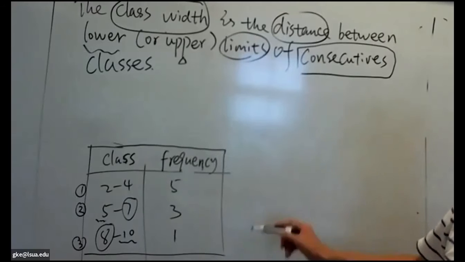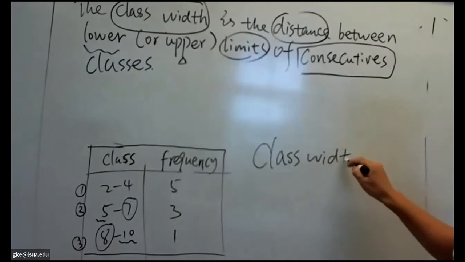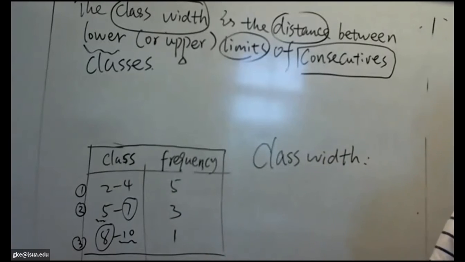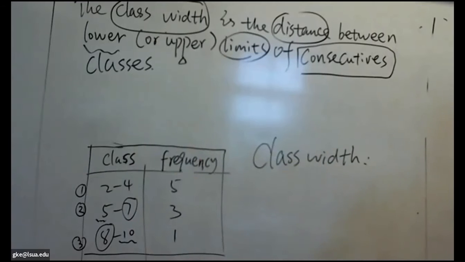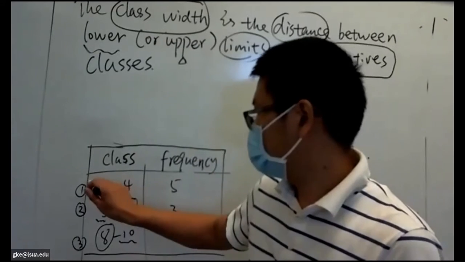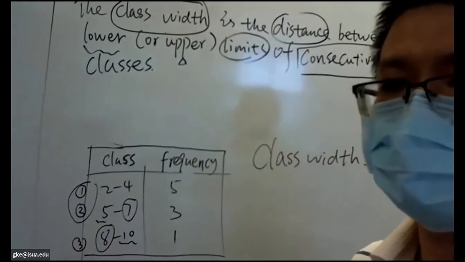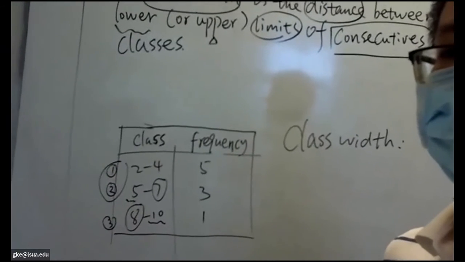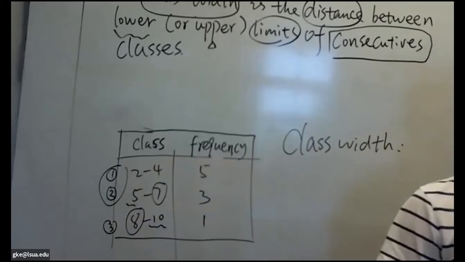Based on the definition, we know we have 3 classes, right? So the idea is we just need to pick 2 consecutive classes. For example, if I pick 1 and 2, they are consecutive classes, right?